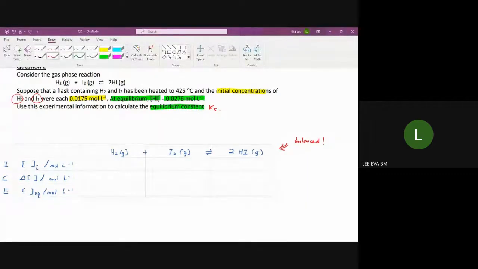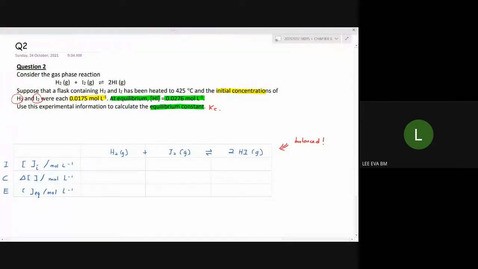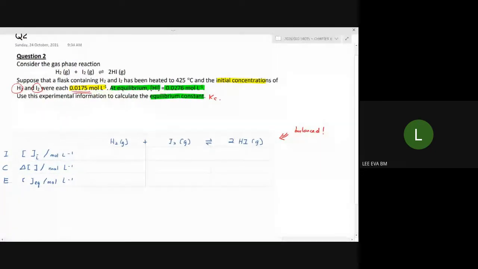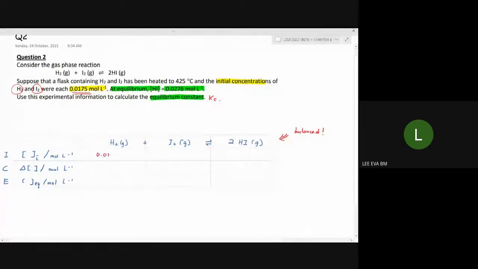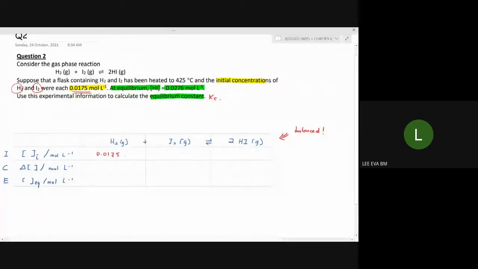So now we fill in the details inside the table. We have the initial concentrations of H2 and I2, which is this value. So kita isi dulu, initial, before anything started. So we have 0.0175. You don't have to write units again sebab dekat sini sudah ada.